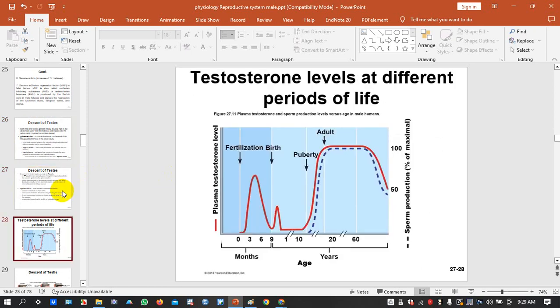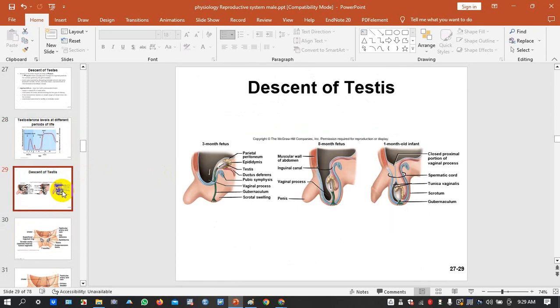So let's see this. You can see here the gubernaculum in a 3-month fetus, that's a fetus inside the womb. You can see the parietal peritoneum, the epididymis, the testis, and vas deferens. I've explained this one previously. The vaginal process is a protrusion of the abdomen into the pelvic area.